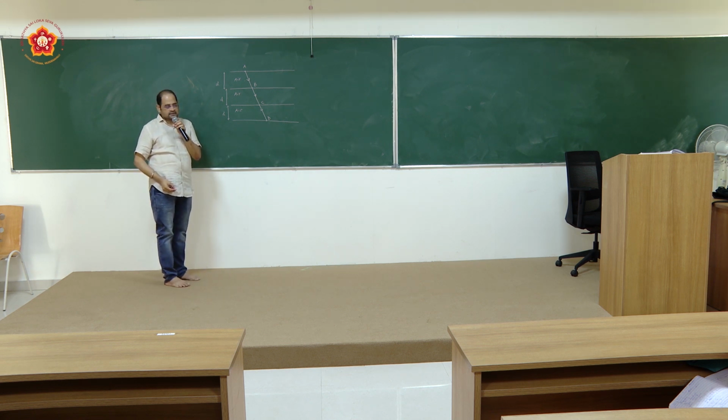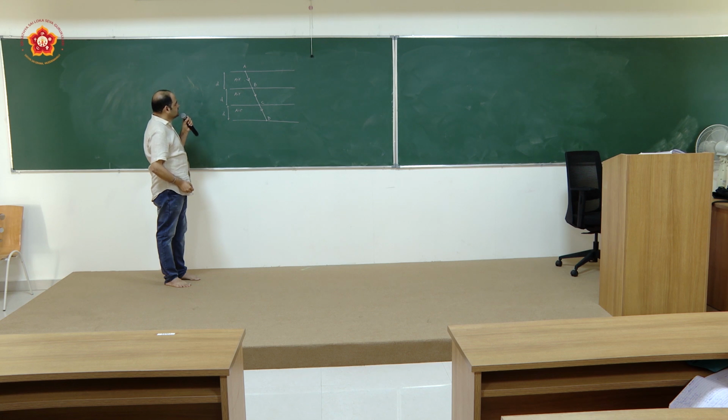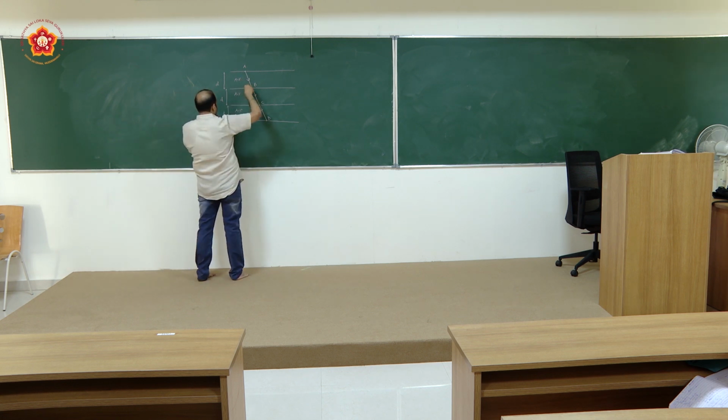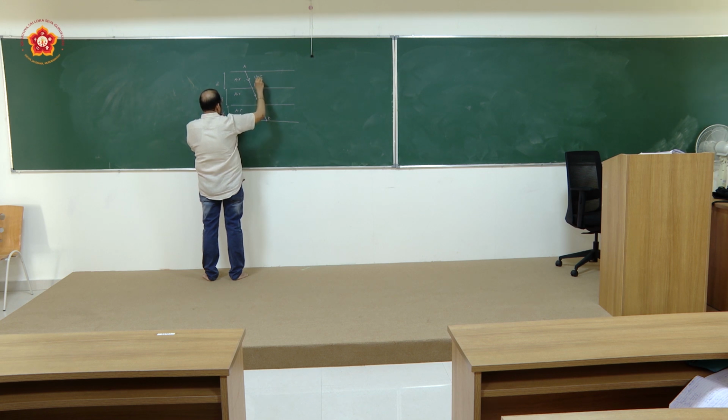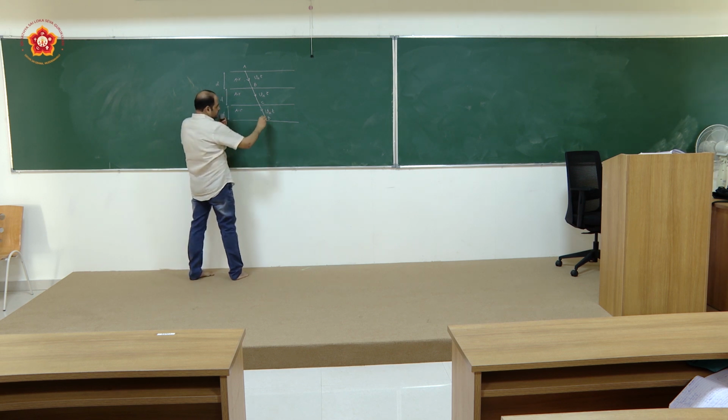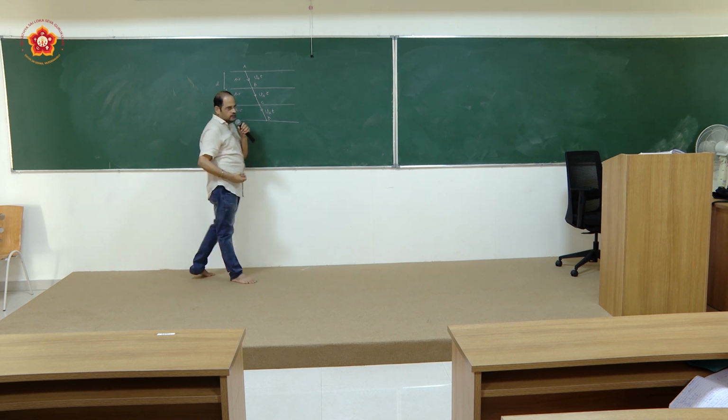So can I say here that the distance AB can be directly written as velocity in air multiplied by time t. Distance BC will also be velocity in air multiplied by time t. Distance CD will also be velocity in air multiplied by time t. Can I say that?